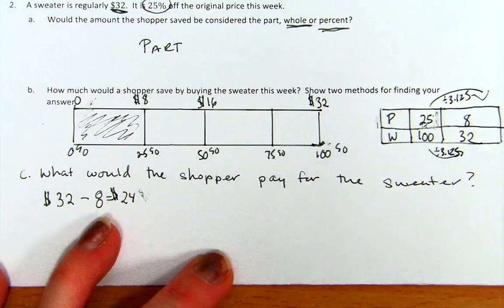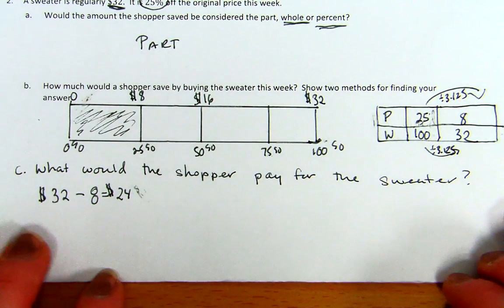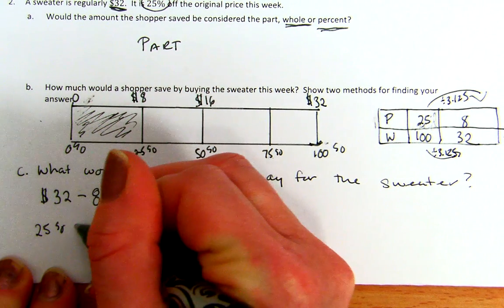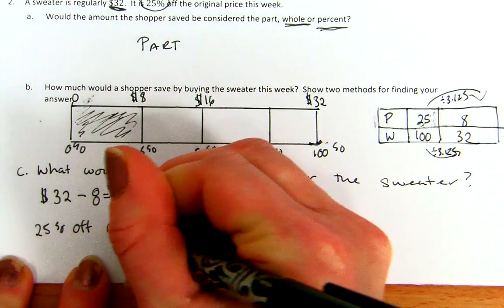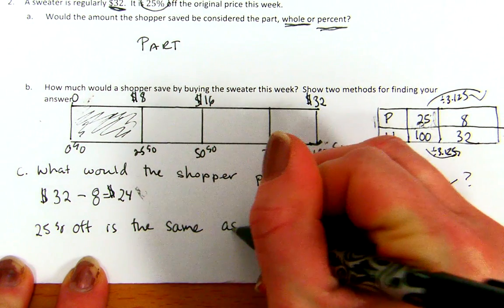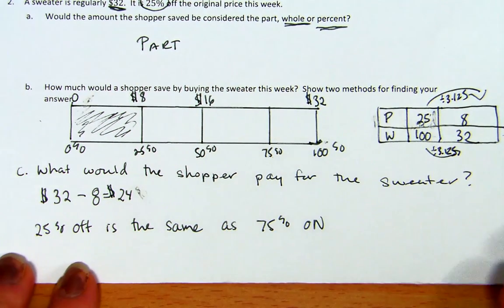Okay. Now, however, I also want to show you, using the tape diagram that you already have above, another way to think about this problem, which is that 25% off is the same as 75% on. Okay, what do I mean by that?